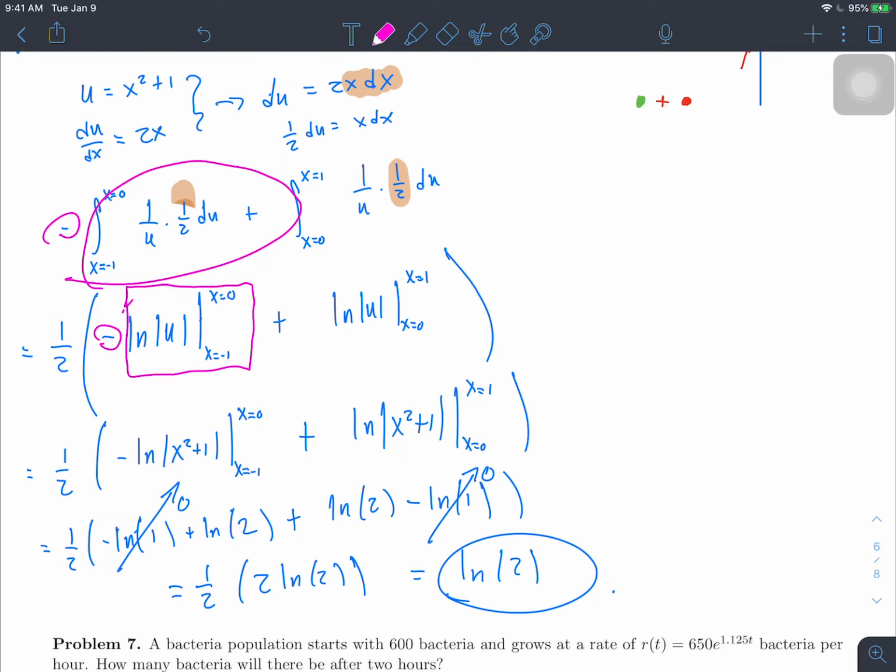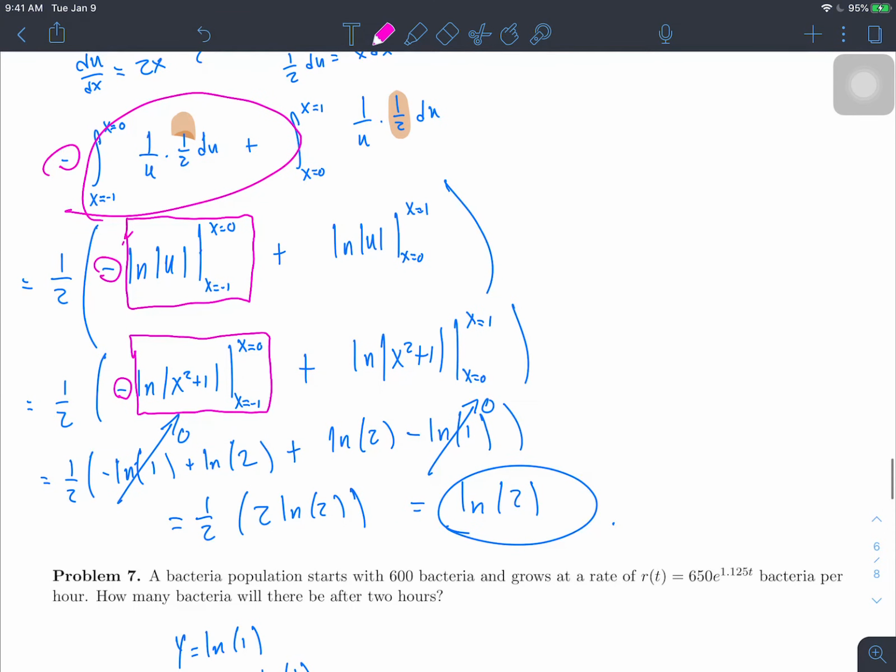This negative sign is the negative sign, and the thing in the box is the thing that I circled. That's the antiderivative where we plug in -1 and 0. Then I kept the negative sign again, and I just replaced u by the thing that's equal to u in terms of x. And then I kept my negative sign again.